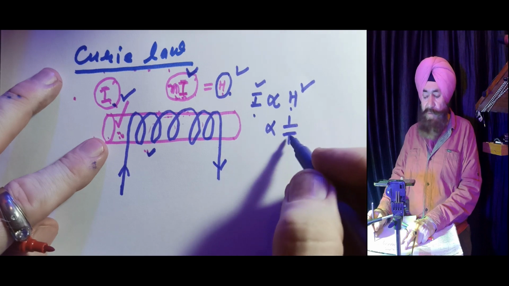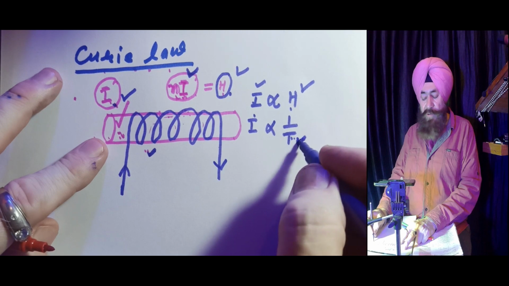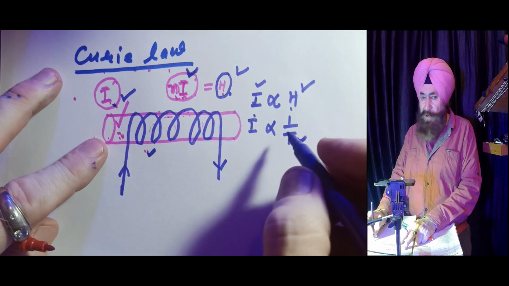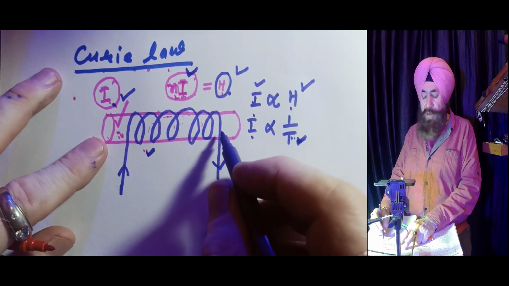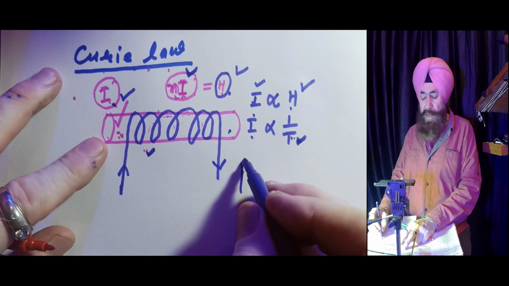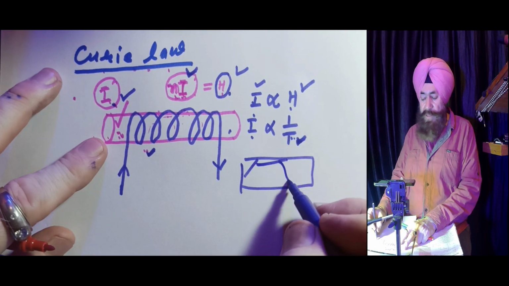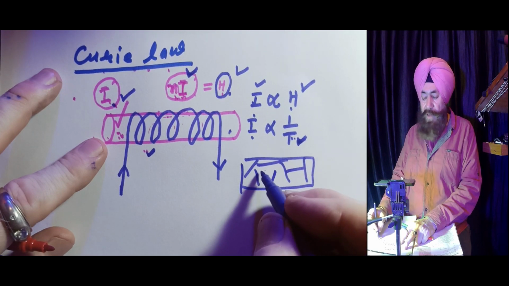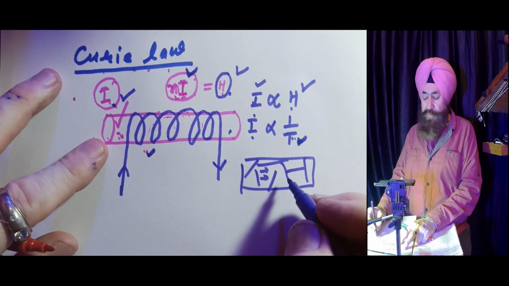Now, secondly, the role of temperature is inverse. There is an inverse effect of temperature on I. Temperature does not favor I. In this iron rod there are many domains, in each domain there are many atoms, and every atom has a magnetic moment along the same direction.